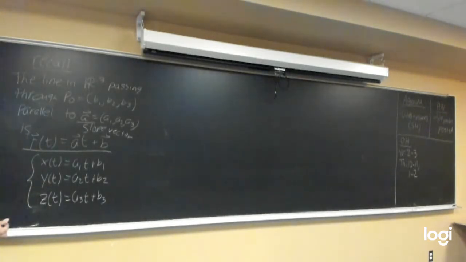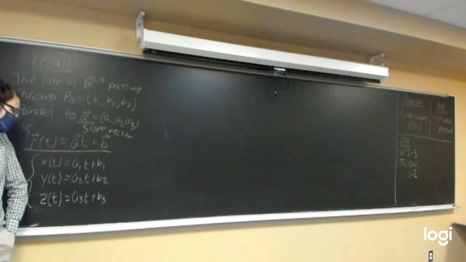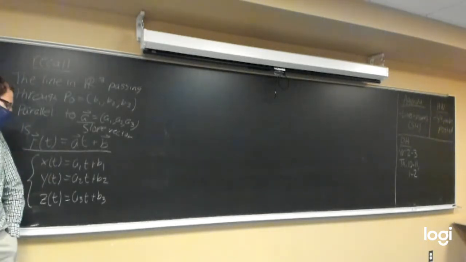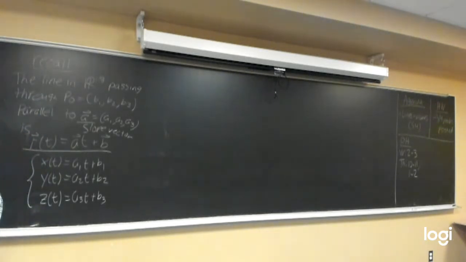Written as separate equations, x of t is a1t plus b1, y of t is a2t plus b2, z of t is a3t plus b3.